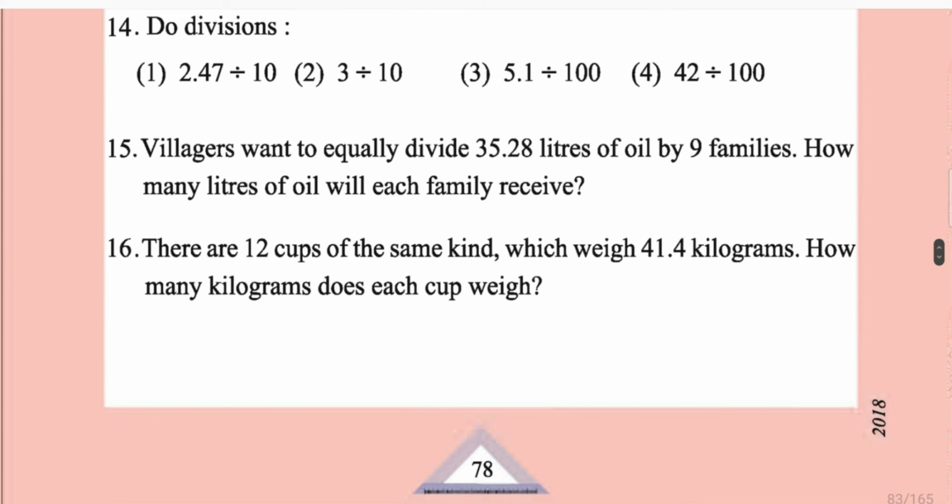Villagers want to equally divide this many liters of oil among 9 families. How many liters of oil does each family get? This is the mathematical statement, right?